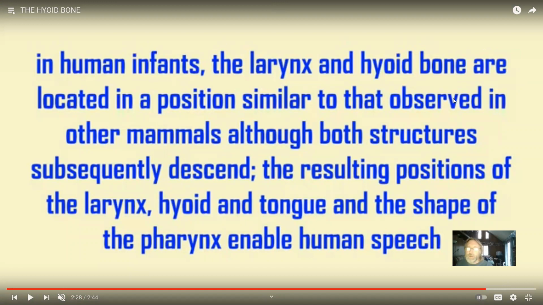Well, notice that the position of the larynx and hyoid bone have dropped in human ancestors. While that's a problem, it makes it easier for us to choke on our food. Nevertheless, it was important in human speech.